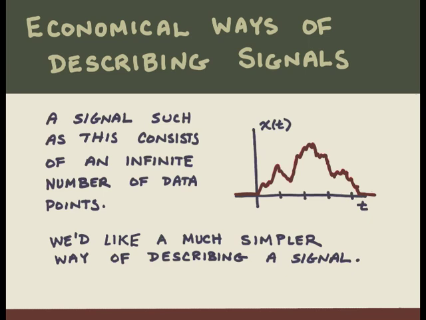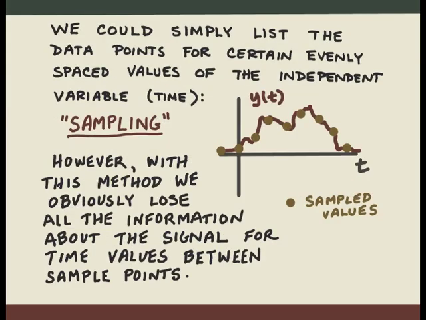So consider this. A signal, such as shown in the graph here, consists of an infinite number of data points. So that's a lot of information, an infinite number. We'd like a much simpler way of describing a signal. One way we could simplify our signal description would be to take data points for certain values of time, perhaps evenly spaced values.